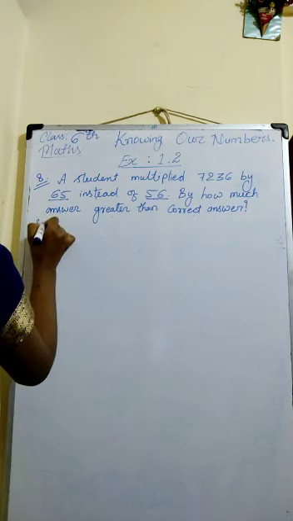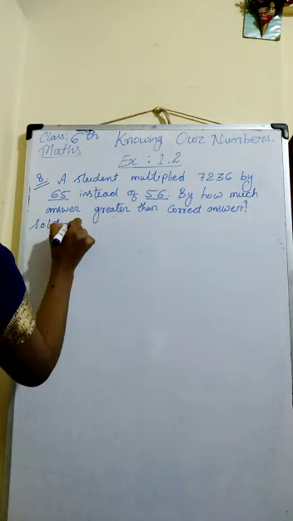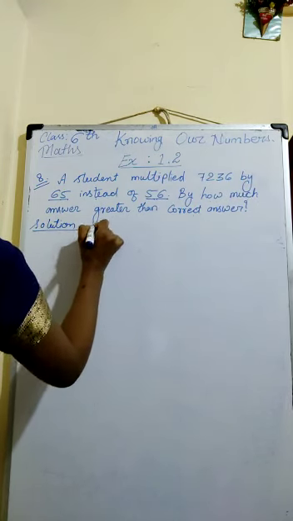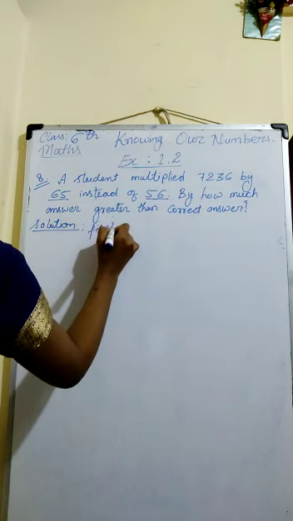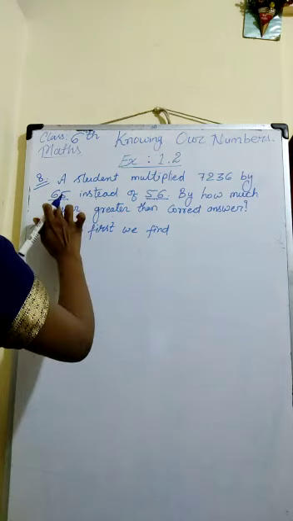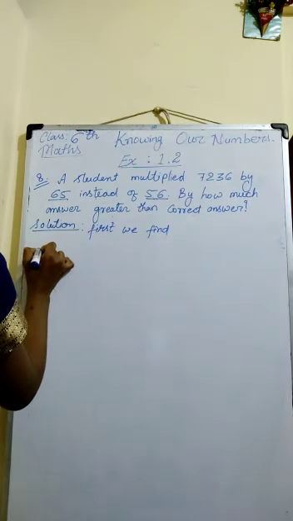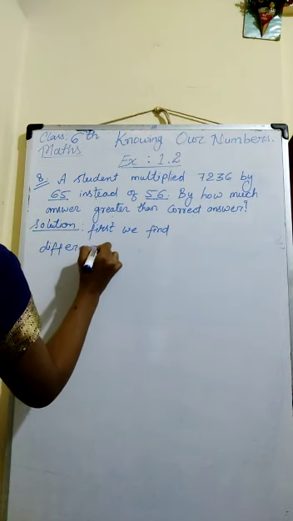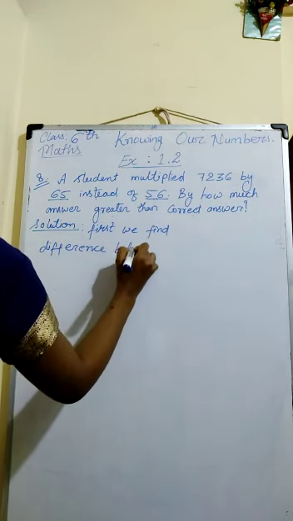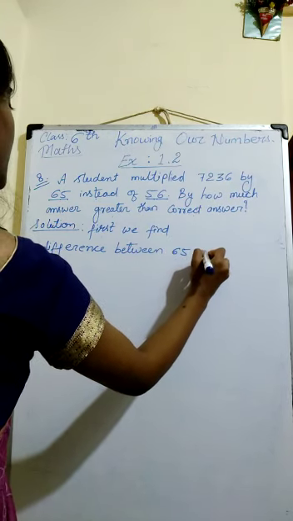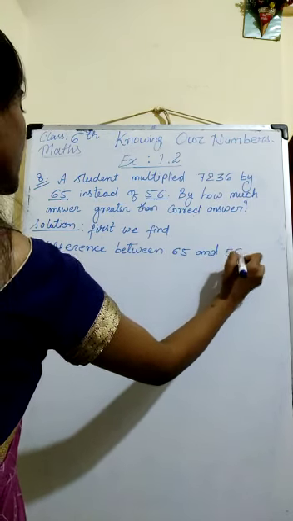So in the solution part, first we will find the error between 65 and 56. Error, that means difference. Difference between 65 and 56.